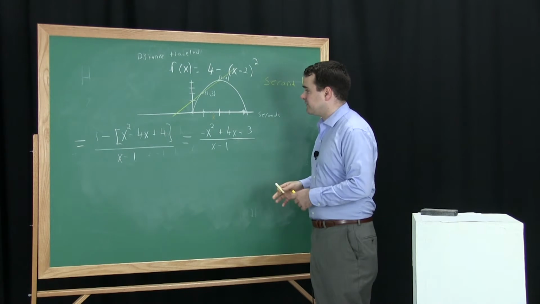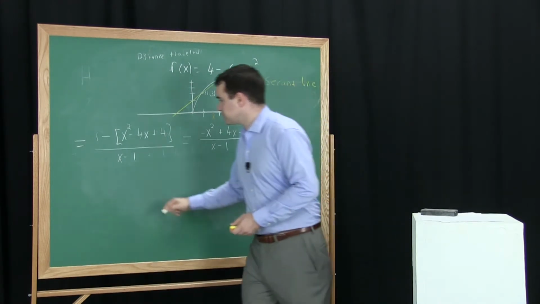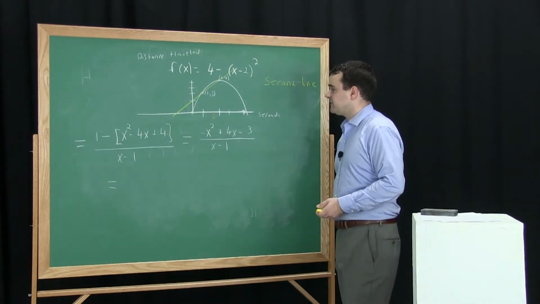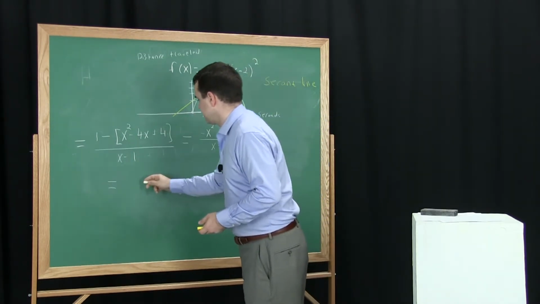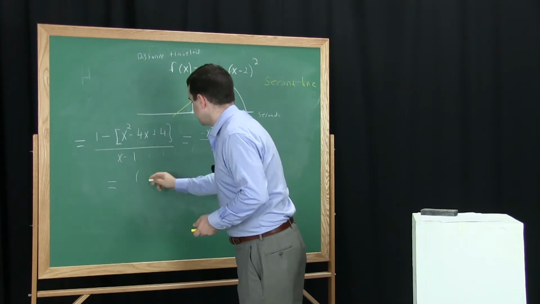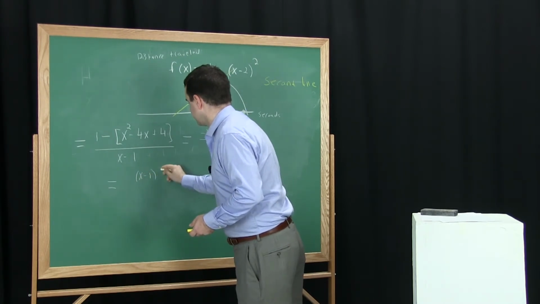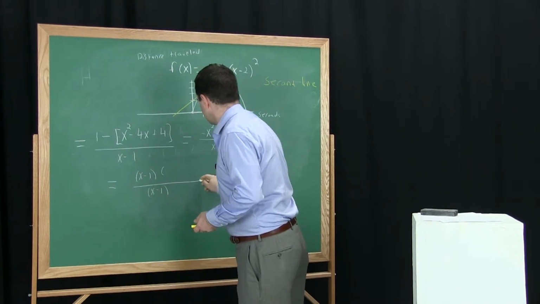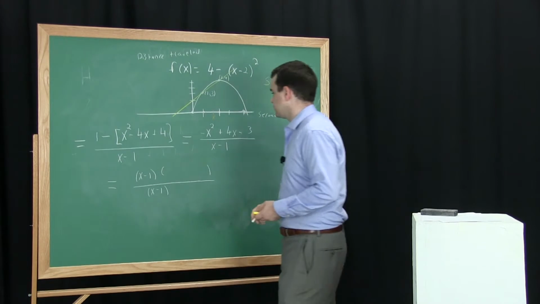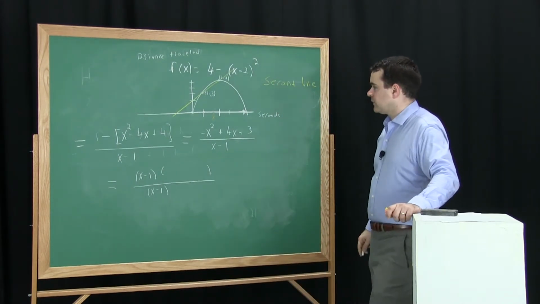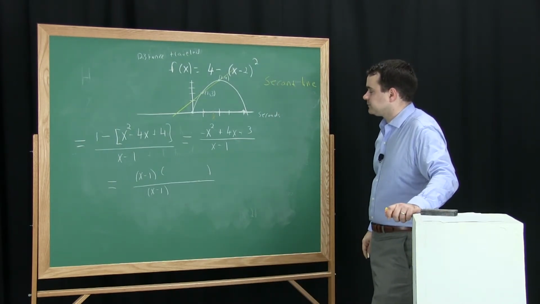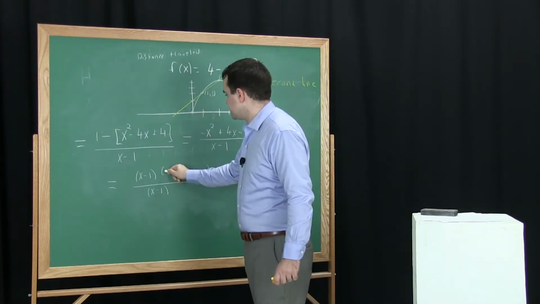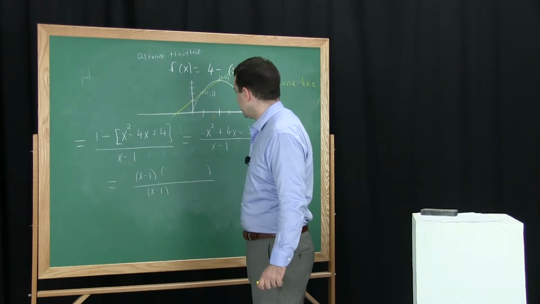So here we can try to factor this. And I'm going to see if I can factor out x minus 1. And what might go on the other side? Well, I want something to multiply by x to give me negative x squared.